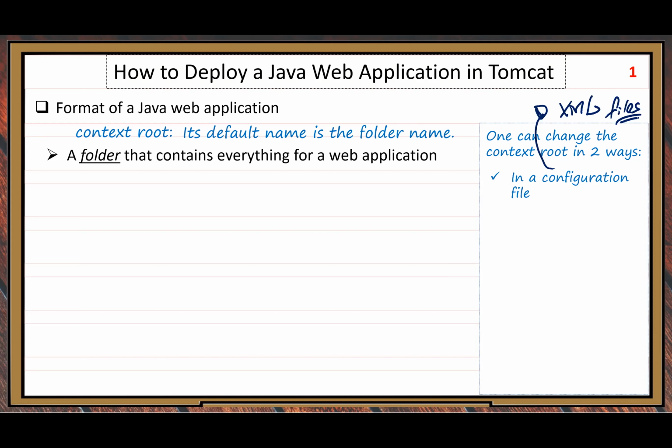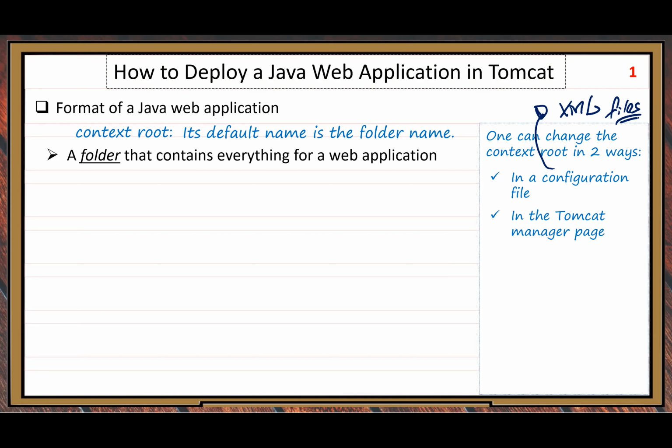Typically, our configuration files are of XML type. Later you will see some of the configuration files. So in one of the configuration files, you can change the context root.